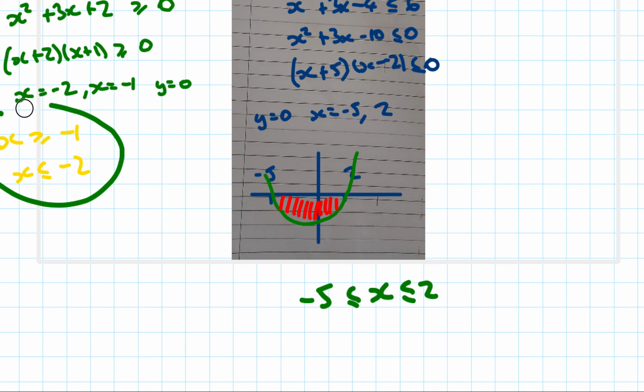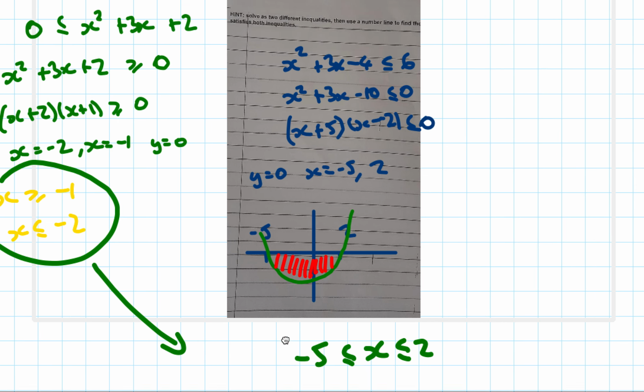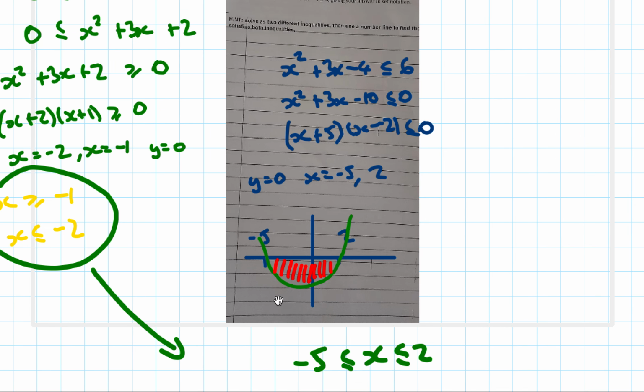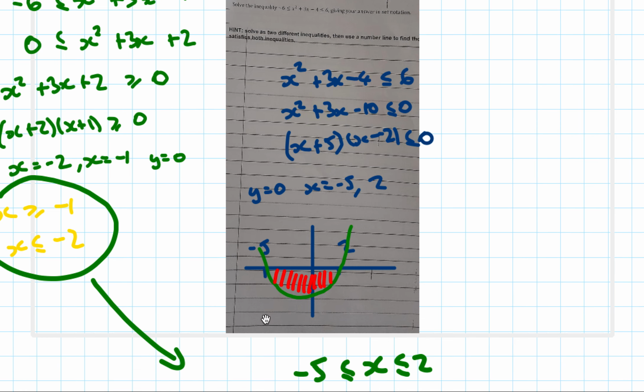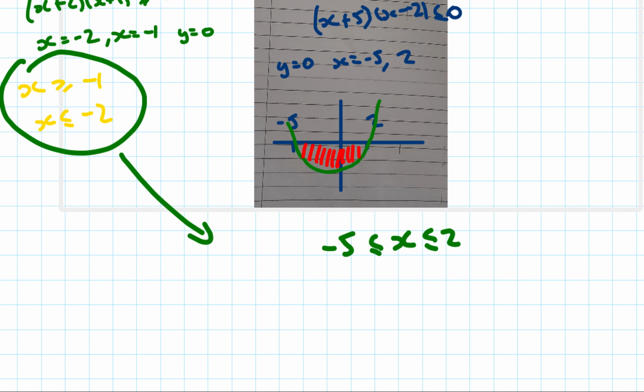Now we're going to refer back to this part here, and we're going to find where the intersection occurs for each one. So if we look at the number line that we have, we've got two inequalities and we want to find where exactly they're going to lie.